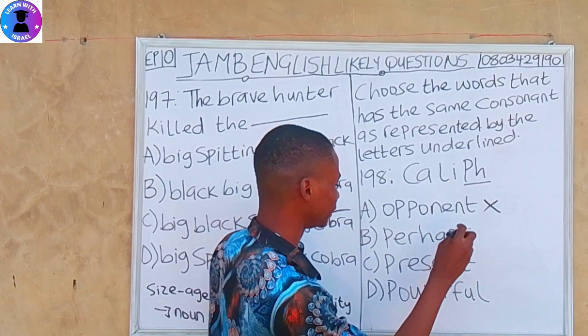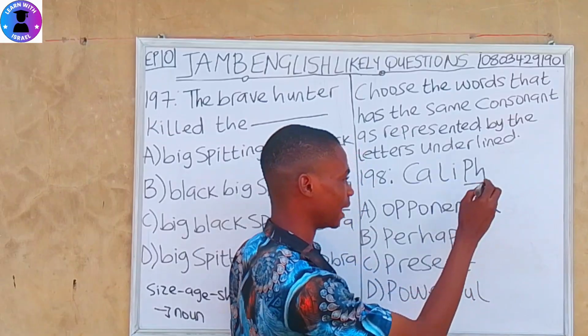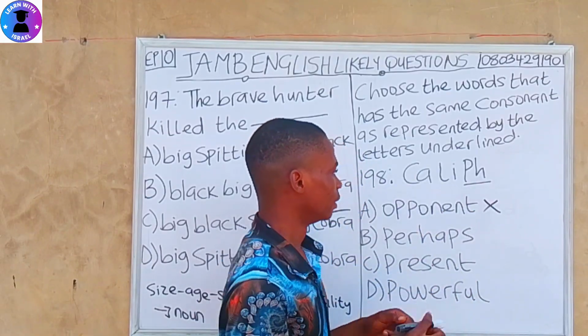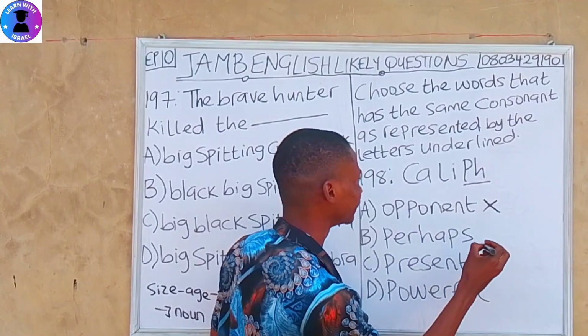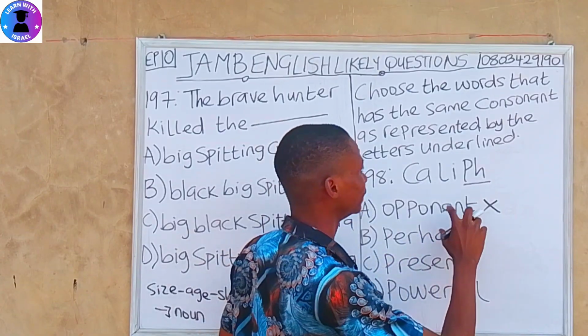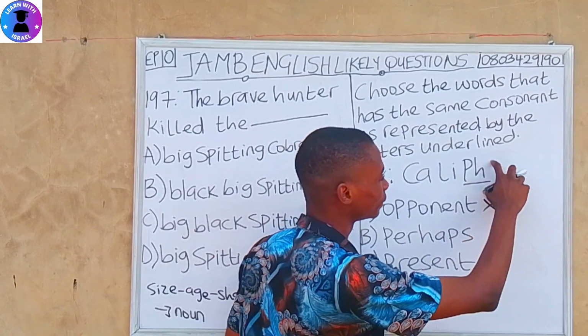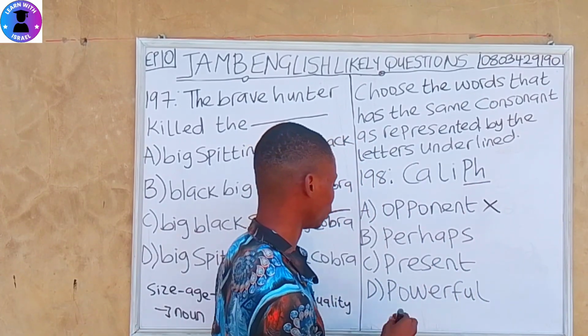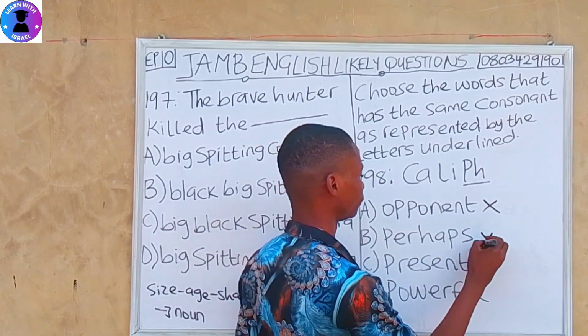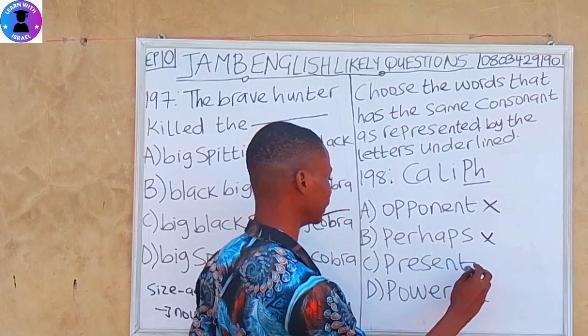Option B, perhaps. Because this one has H and this one has H does not make it correct. It doesn't sound the same as Khalif. So that's wrong. Option C, present.